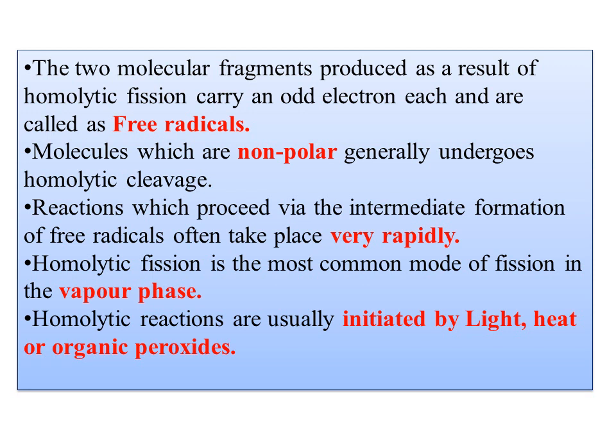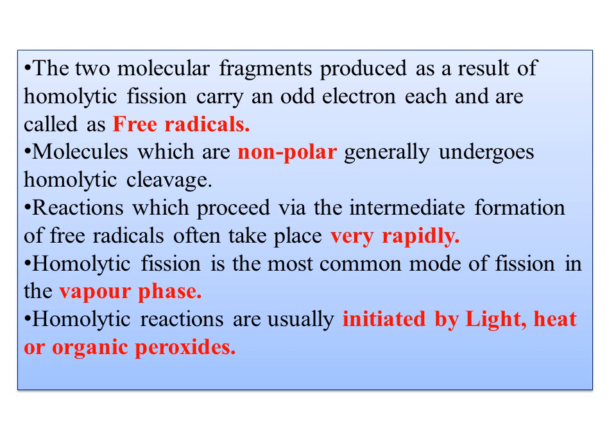A reaction which proceeds via the intermediate formation of free radicals often takes place very rapidly, because free radicals have a very short lifespan and are highly reactive in nature. They carry the odd electron, therefore they immediately get converted into a stable form. Wherever electrons are available in the same system, they immediately take away the electron, and the reaction takes place very fast, instantaneously.